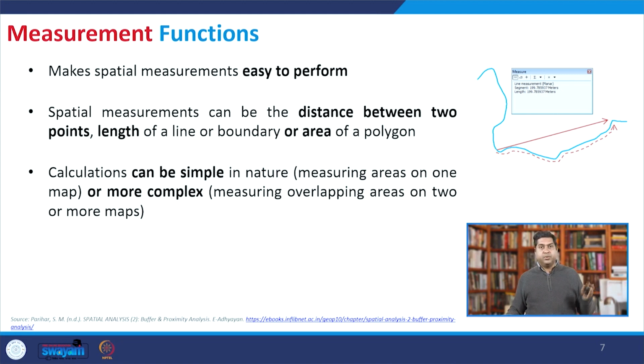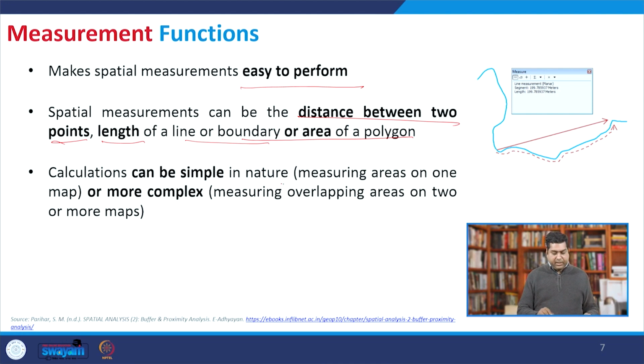So with this WCS you set it, and then you can work on it. This measurement function makes spatial measurement easy to perform. Spatial measurement can be the distance between 2 points, or you can take a line, a polyline, so the length of a line or a boundary, or even the area of a polygon. So this is something that we can do very easily.